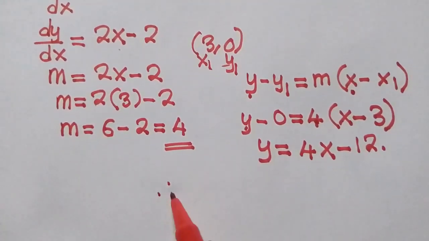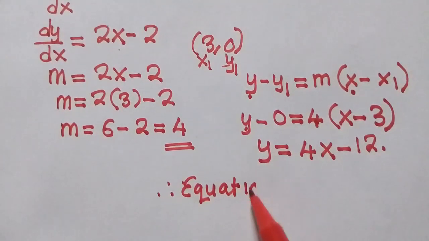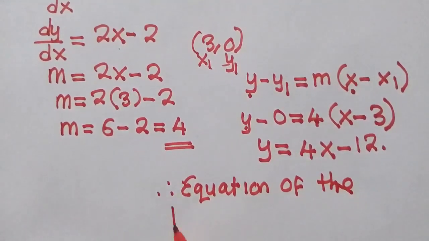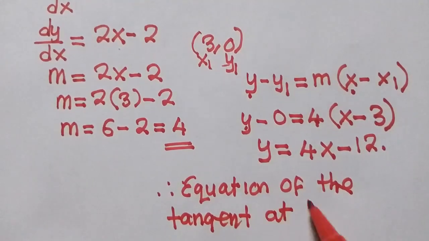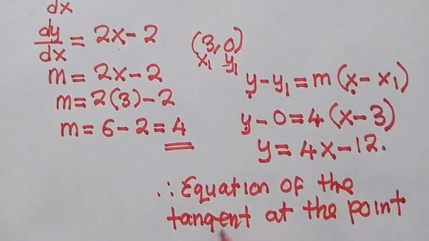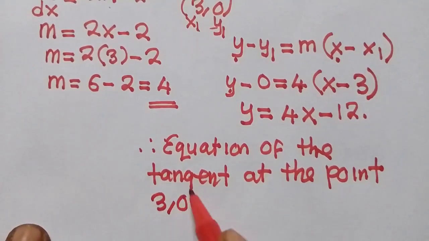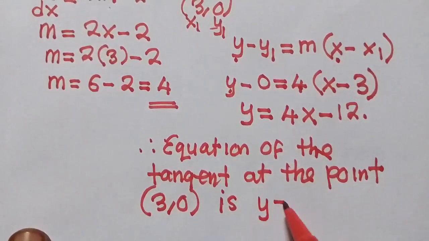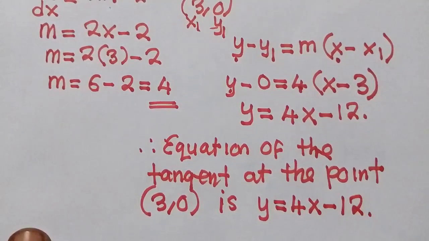You just say, therefore, equation of the tangent at the point (3, 0) is y is equal to 4x minus 12, like that.